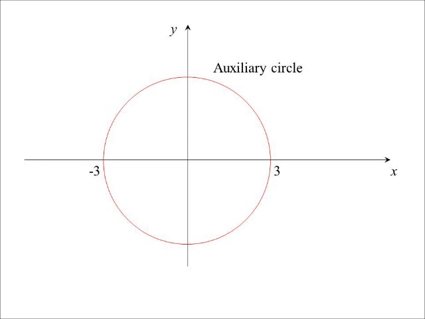What we do is we draw in what's called the auxiliary circle. Now the auxiliary circle is the circle with the major axis, so in this case 3. Now this ratio becomes important, b over a. So in our case it's root 5 over 3.